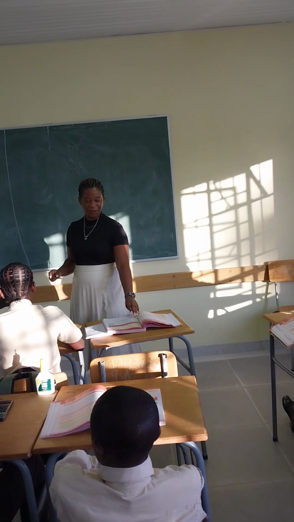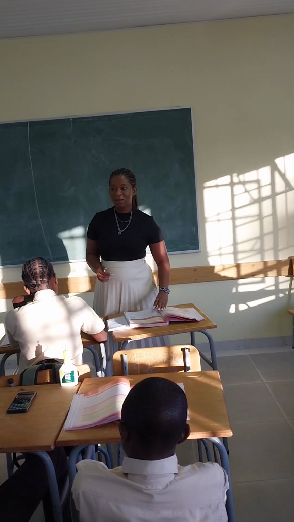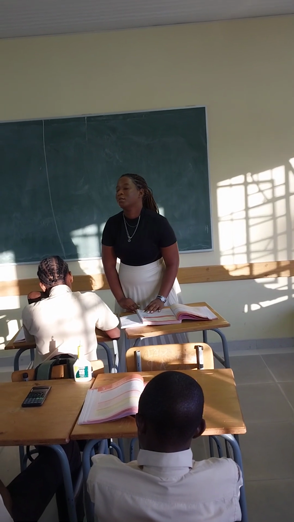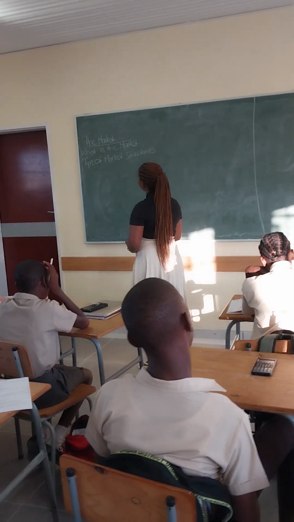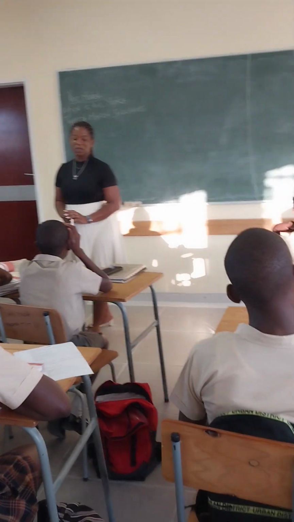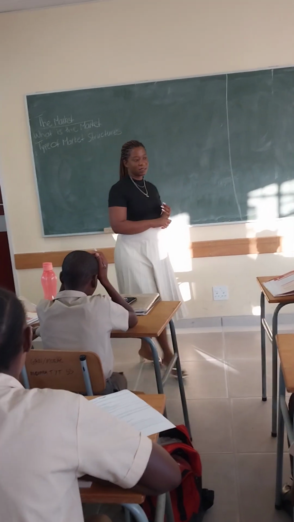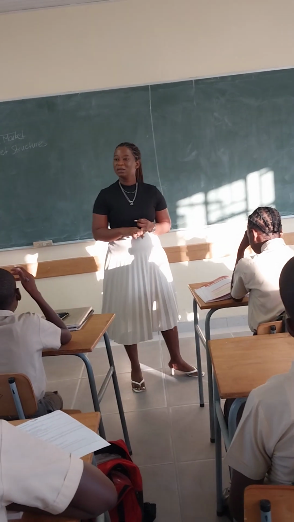There at the back. Market refers to a situation where buyers and sellers are in contact. Yes, that is correct. Anyone else with a different idea? Yes, at the back.